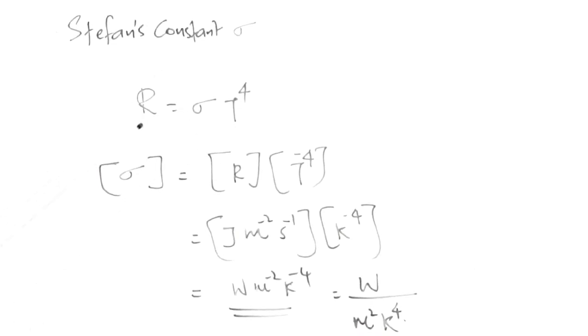R is the radiant energy emitted per unit area per second. So from this formula we get unit of sigma equal to unit of R into unit of T raised to minus 4.